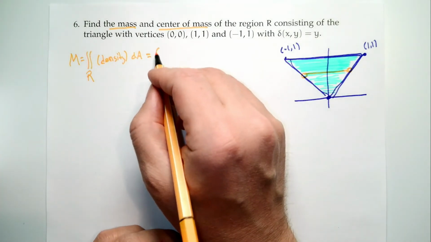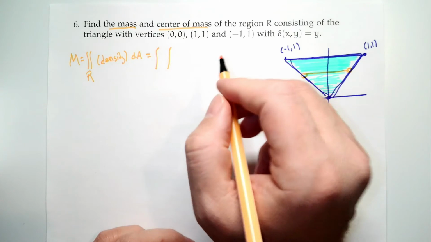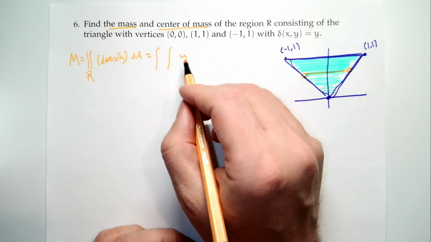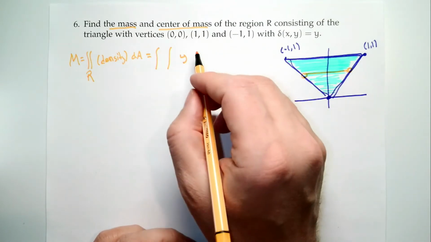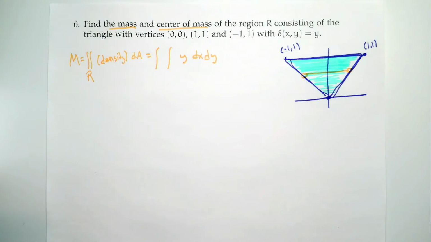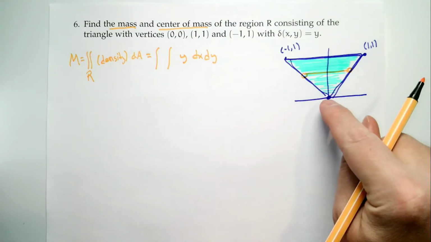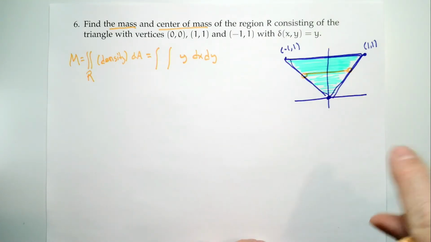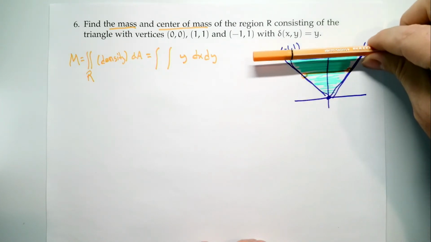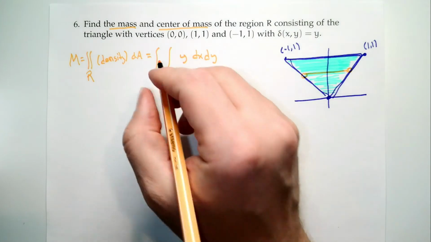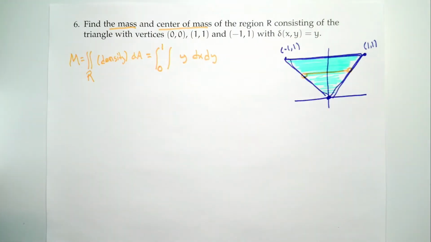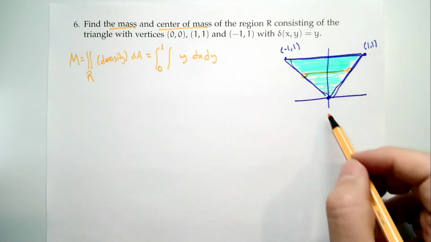So when we're talking about our dA, our density, by the way, is y. So we're going to slice this way, which means we're going to do dx dy. Now our bounds. Well, we know y goes from the smallest value of y, which is at the very bottom, 0. The largest value is at the top. So we go from y equals 0 to y equals 1. What about the left and the right?